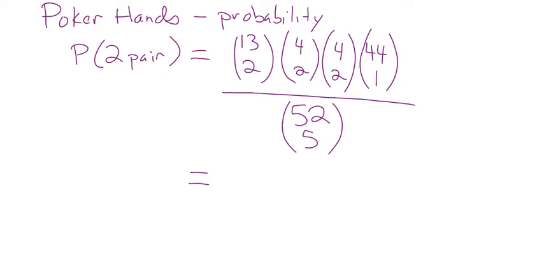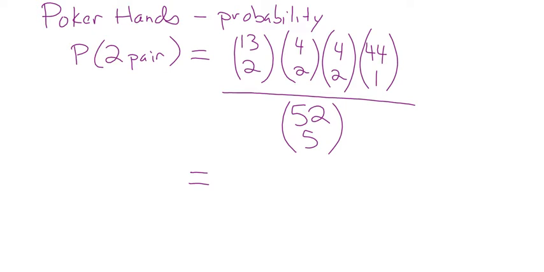Okay, what's this number up top? So just 13 choose 2 times 4 choose 2 times 4 choose 2 times 44 choose 1. What's that actual number? That's the number of hands that have 2 pairs.